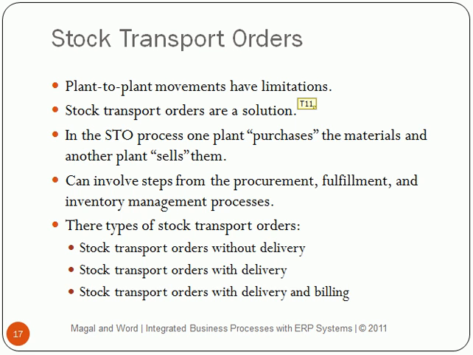So remember that the stock transport orders are created in order to account for the high transportation cost, to be able to track the goods in transit, and again to allow for different valuation of the material.